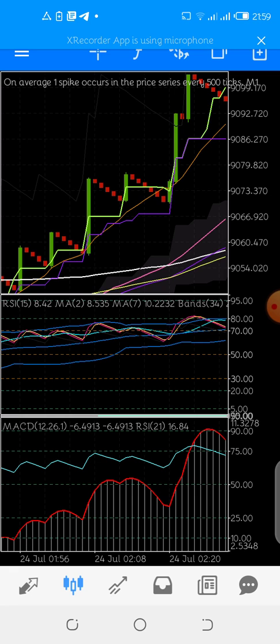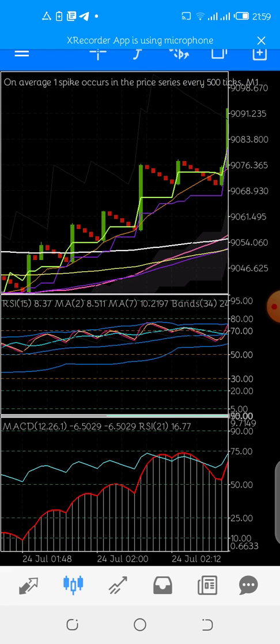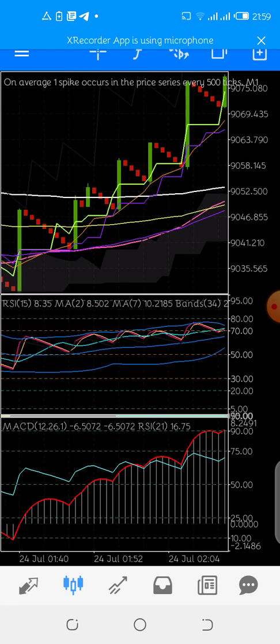Though on my main window, I've added an Ichimoku, but I will talk about Ichimoku in another video. The Ichimoku will help you, like the lime green line on my main window.